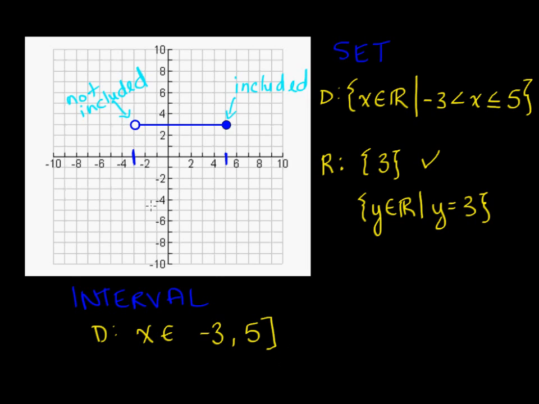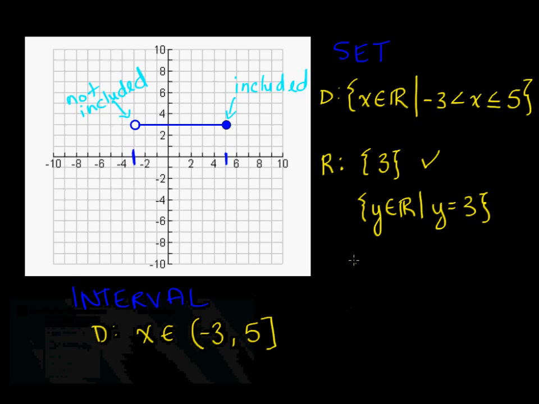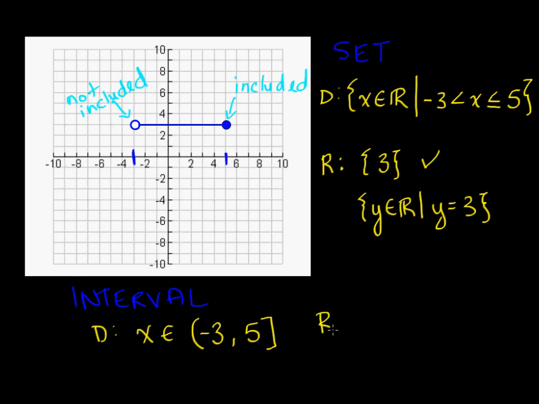And I want to not include the -3, so I'm going to do an open bracket there. The range, again, we know is only the one value, so we don't usually do that in interval notation because we're looking for a range of numbers, but you could list that as just the value 3, like this, in closed brackets because we're including that 3.